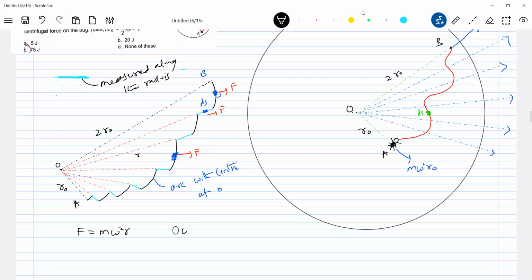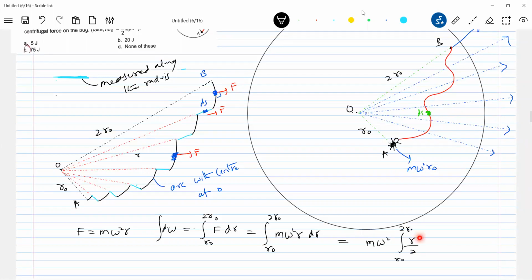Then dW is equal to F into dr, from R0 to 2R0. So what is the value of F? m omega square R dr. So finally, this will be m omega square R square by 2, from R0 to 2R0.